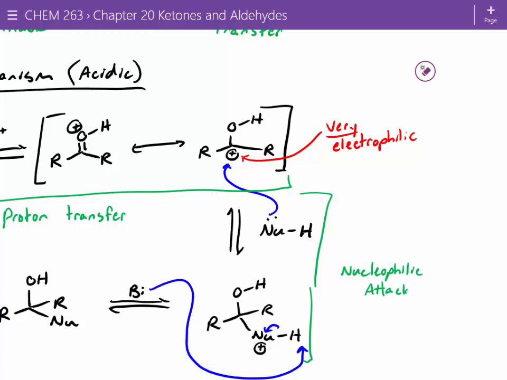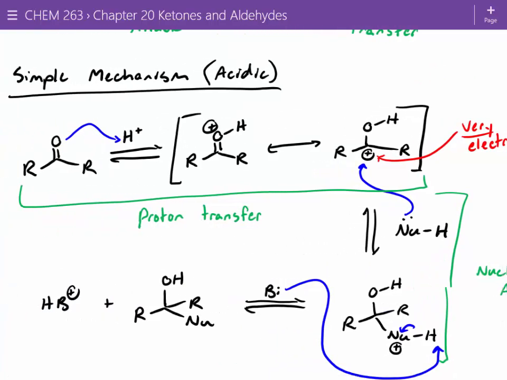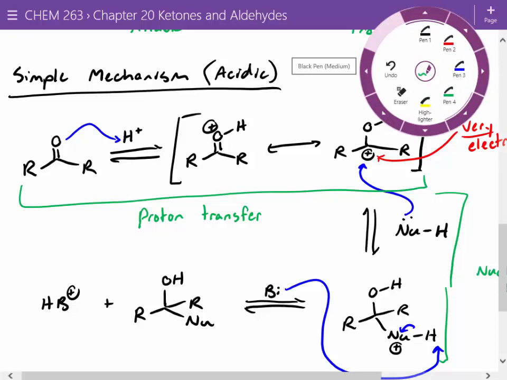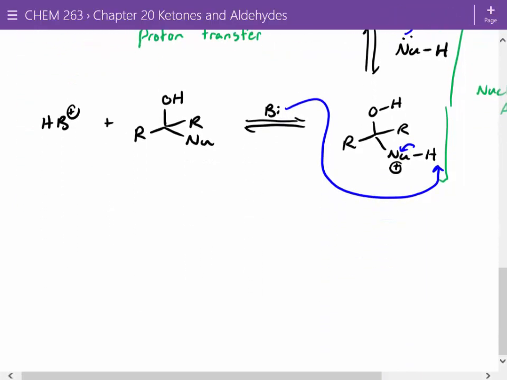So the order is slightly flipped for these, or not slightly, it is flipped for these two reactions. Okay, the important thing to remember for these reactions is that the reactions are in equilibrium.